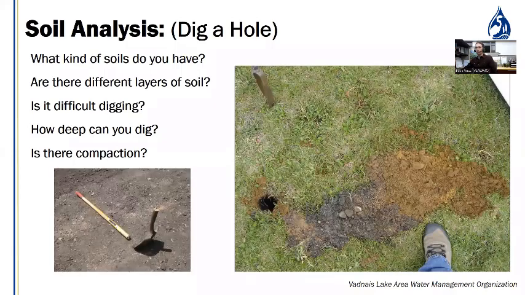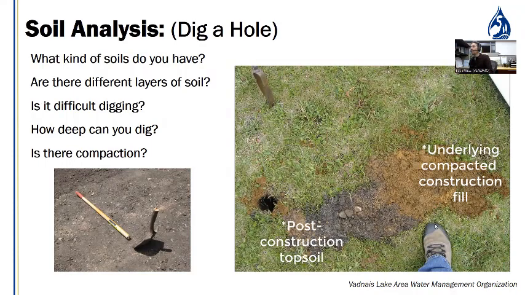You want to dig a hole, find out what soils you have. Are there different layers of soil? You see the compacted layer on the right, and then this one is the deeper layer where soil gets darker and richer. A lot of times that's just fill that's brought in after a construction.